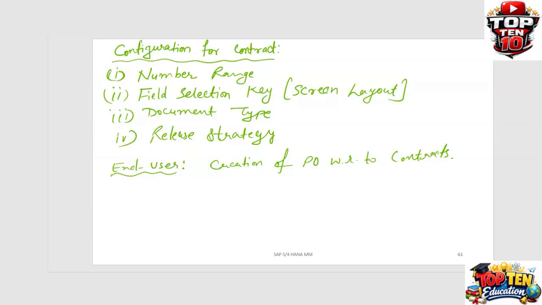Define number range. So two types of number range can be created. Number first, internal. Number second, external. One more time, go to intervals.